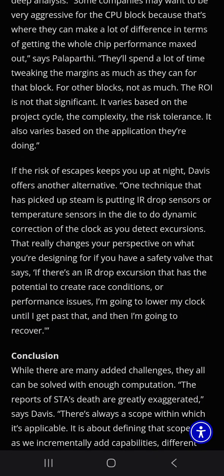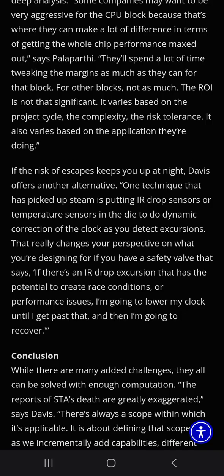If the risk of an escape keeps you up at night, Davis offers another alternative. One technique that has picked up steam is putting IR drop sensors or temperature sensors in the die to do dynamic correction of the clock as you detect excursions.